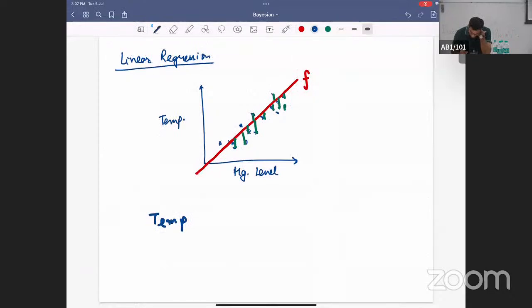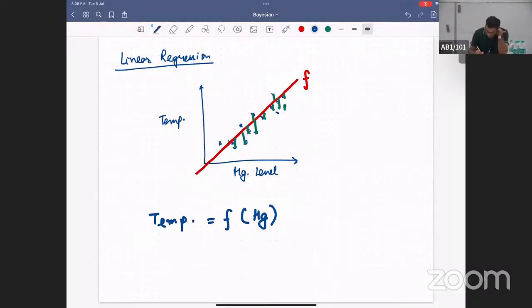So I'll say that temperature is equal to a function of Hg. Is Hg the correct symbol? Okay. The temperature is a function of Hg, right? Just for simplicity, let's say that it is 4 plus 3 into Hg.